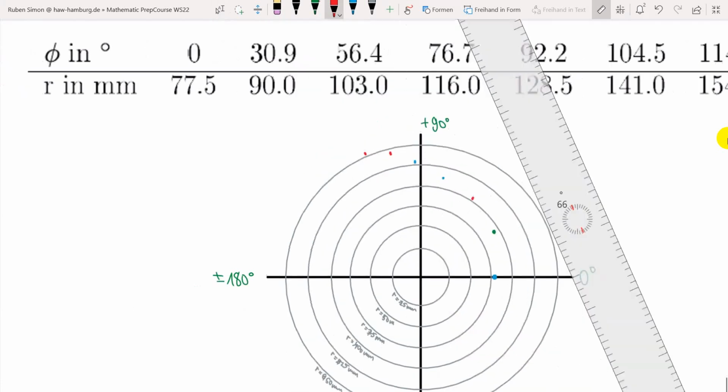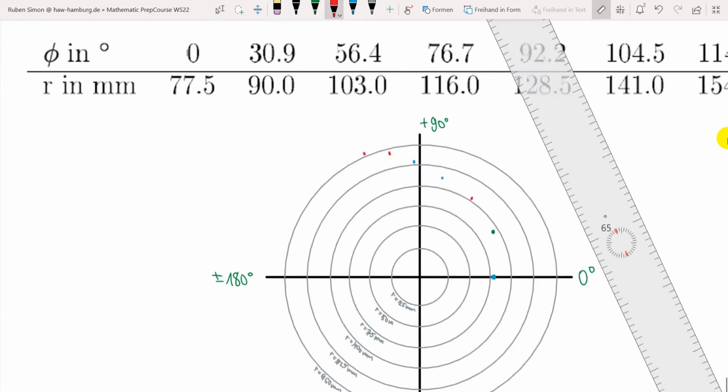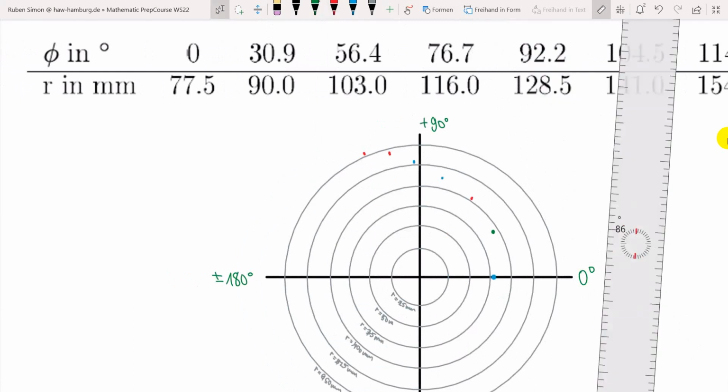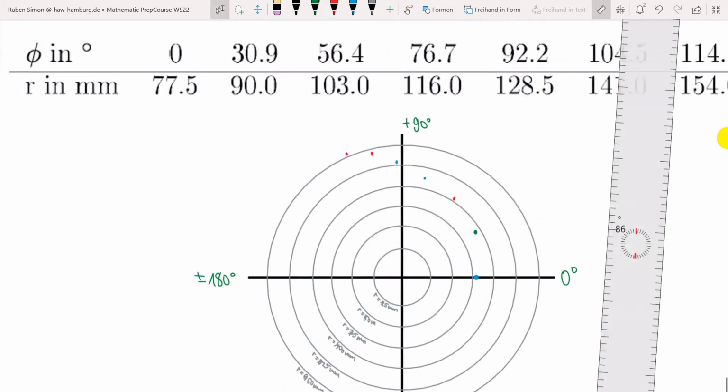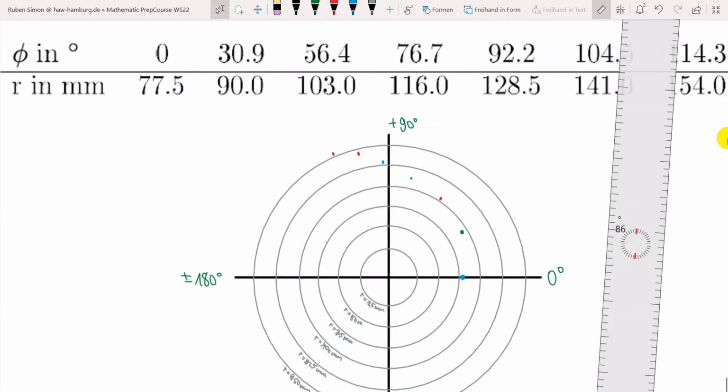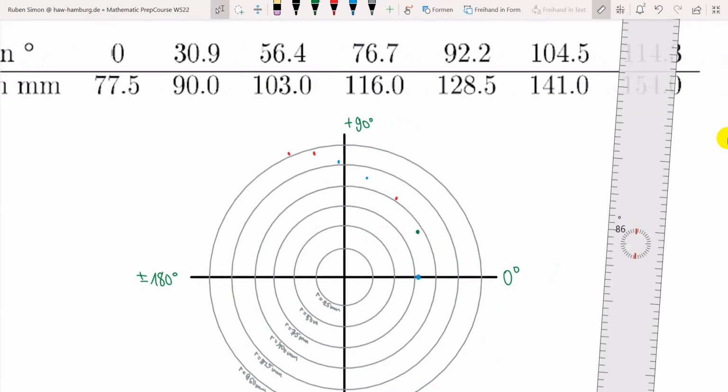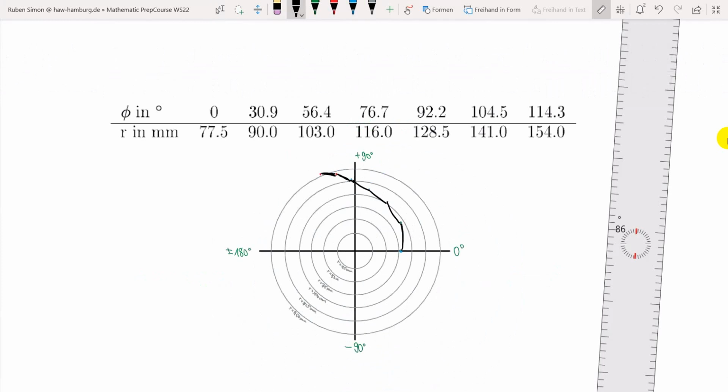Let me check if this is true. Actually, it should be true. Just a second, let me check the sample solution on this. Yeah, looks good. So this would be the shape of this. I think it was some kind of a rotor blade. Of course, you would have to use straight lines to connect this, and then this would be the shape of the rotor blade.